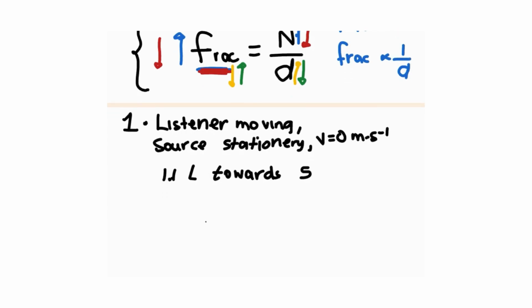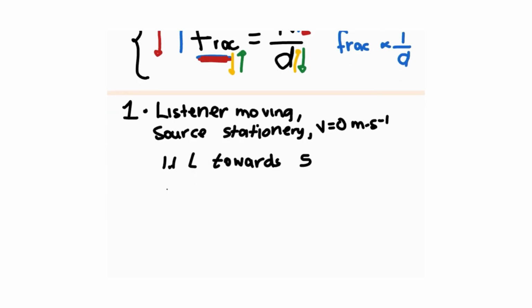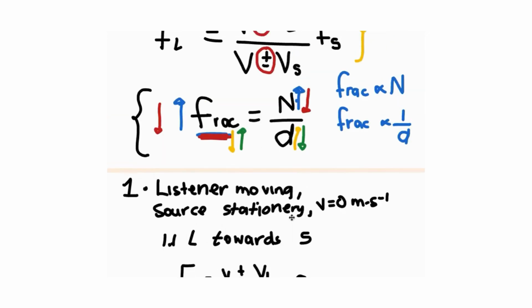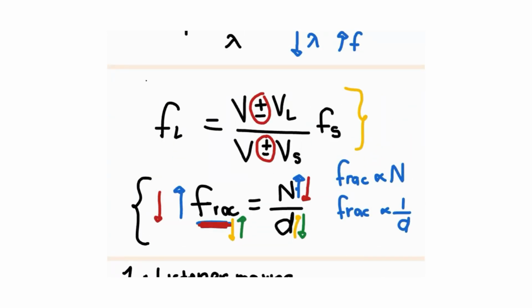I'm going to rewrite the Doppler effect formula. FL equals V plus or minus VL over V plus or minus Vs, times Fs. So guys, let me go back to the Doppler effect. FL is the frequency of the listener.